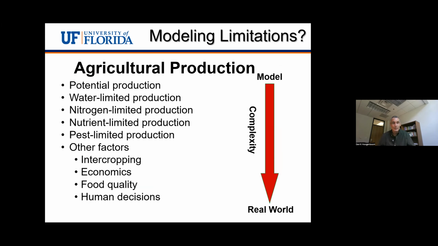With respect to the modeling system itself, we know that the agricultural system is also extremely complex. I really haven't talked much about differences between potential production, water limited production and nitrogen limited production per se. I talked a little bit about pests, which currently are not part of our modeling system.